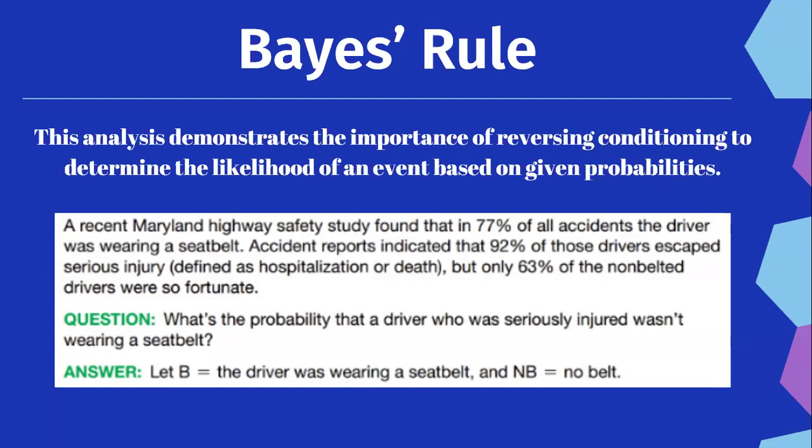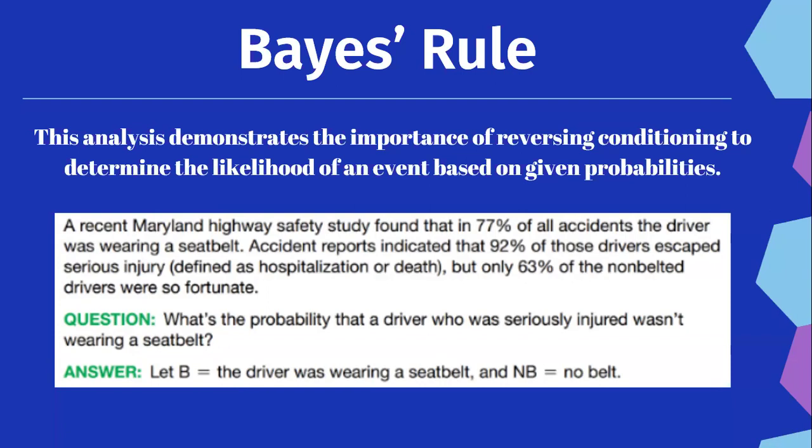A recent Maryland highway safety study found that in 77% of all accidents, the driver was wearing a seatbelt. Accident reports indicated that 92% of those drivers escaped serious injury, defined as hospitalization or death, but only 63% of the non-belt drivers were so fortunate.